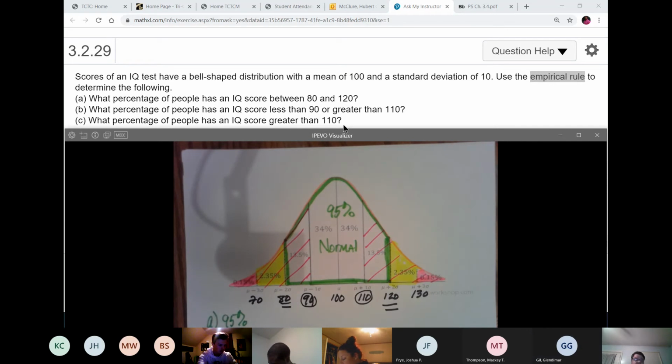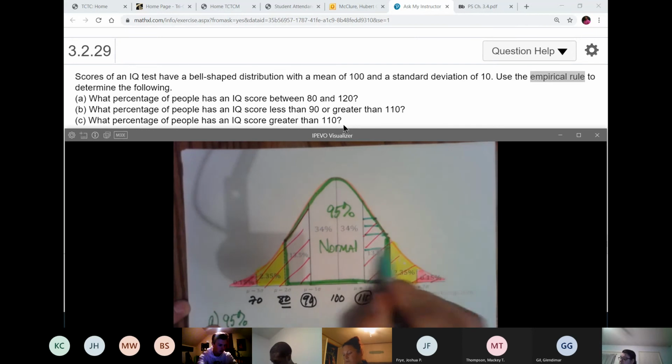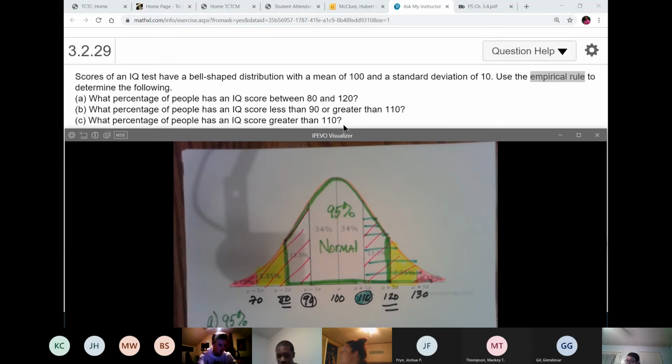So I'm going to draw that in another color. Let me go with this turquoise color. From 110, above 110, 13.5 and 2.5 is 16%.